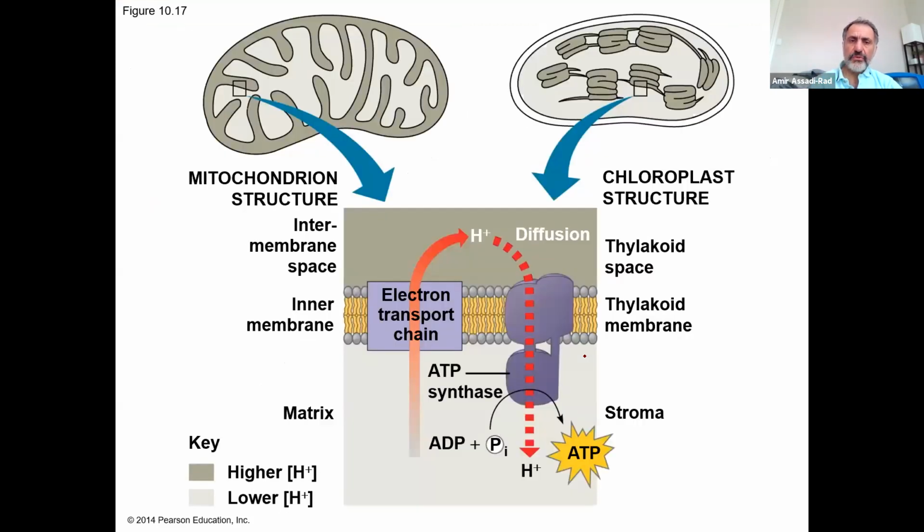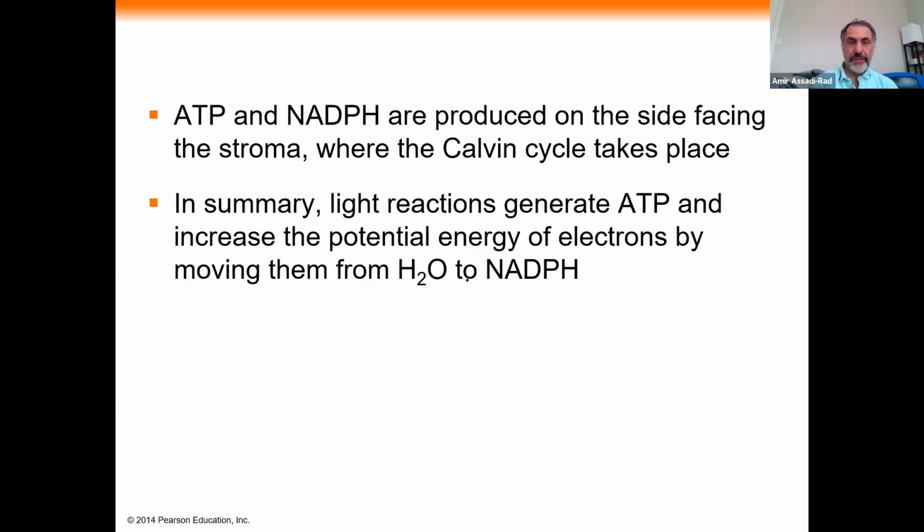Here they are showing you the differences between chloroplast and mitochondria, how protons go through the ATPase. This is the ATPase channel. And then, of course, where the electrons and everything else come from.